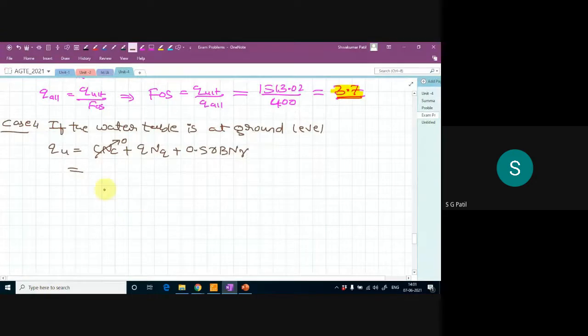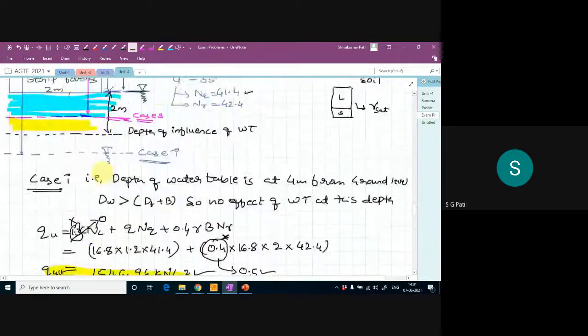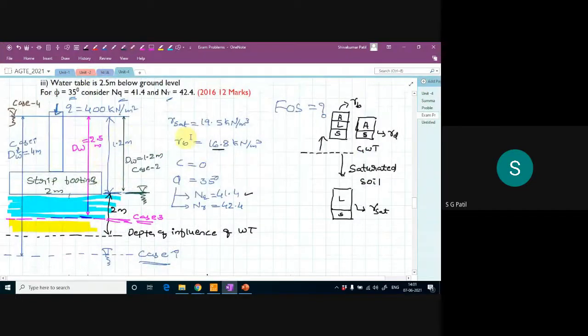For the Q term, what is the depth of foundation? 1.2 meter into the submerged unit weight. The submerged unit weight is nothing but your saturated unit weight minus unit weight of water.